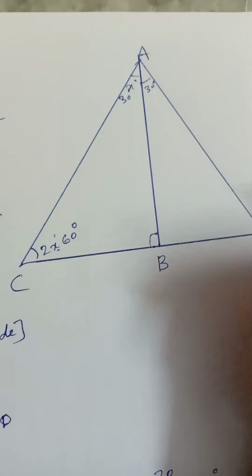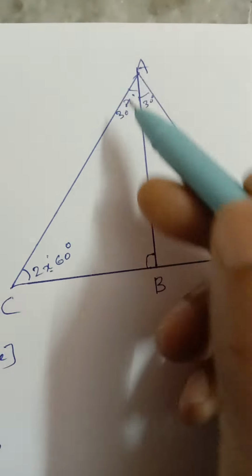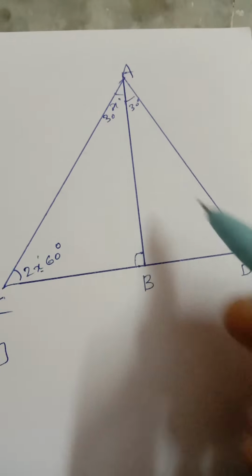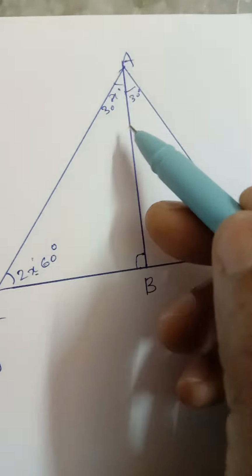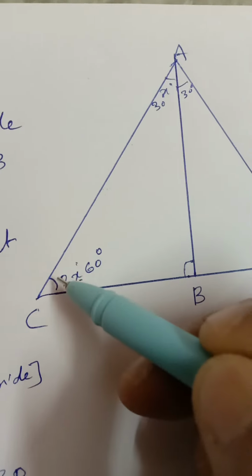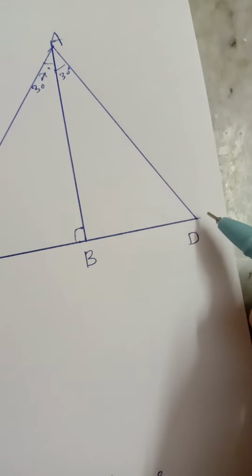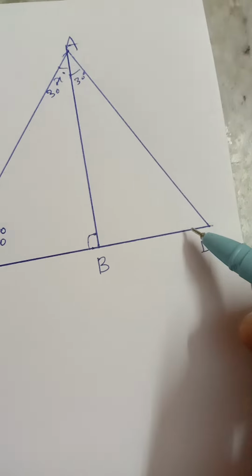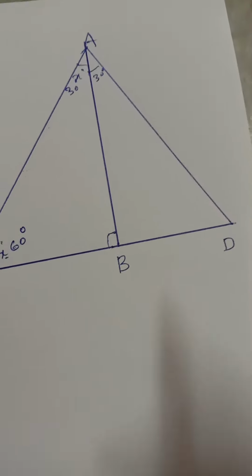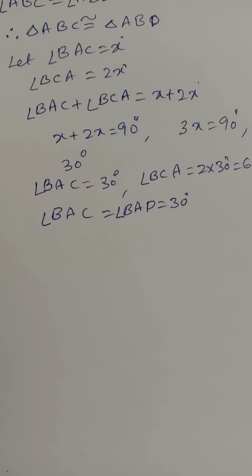Angle C is 60 degrees. In triangle ACD, angle A is 60 degrees, angle C is 60 degrees and angle D is 60 degrees. Triangle ACD is an equilateral triangle.